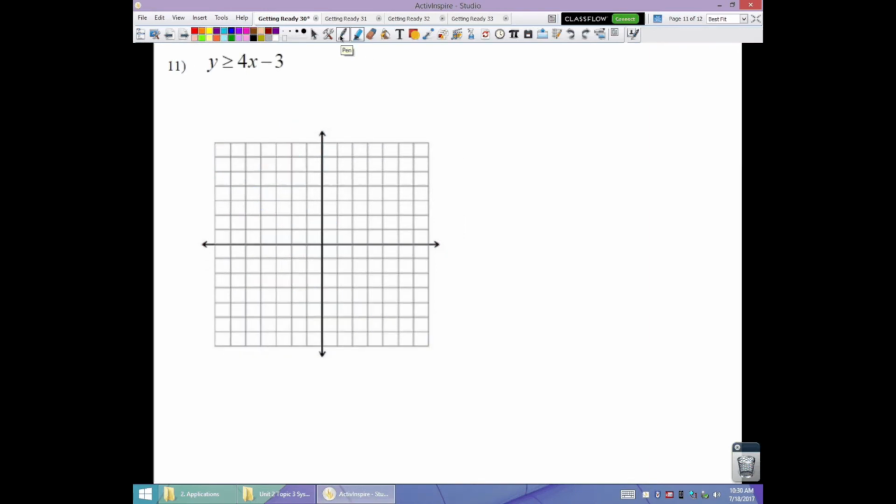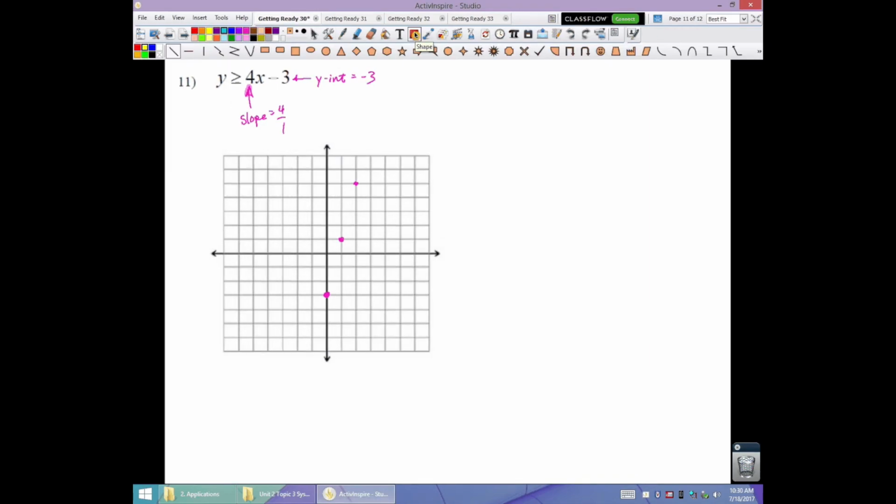Number 11, also in slope-intercept form. We're really getting away with some easy ones here. The slope is 4 over 1. The y-intercept is negative 3. So first point should be the y-intercept negative 3. Then I will rise 1, 2, 3, 4, run 1.